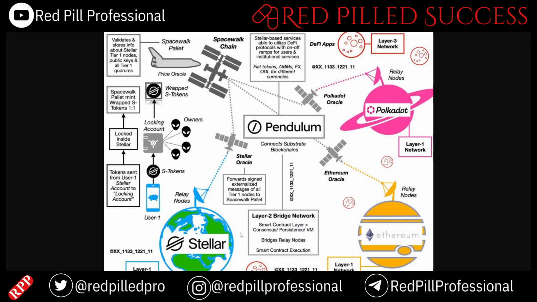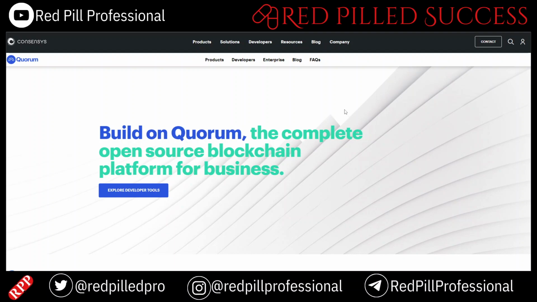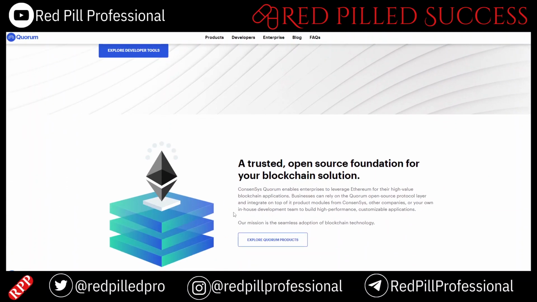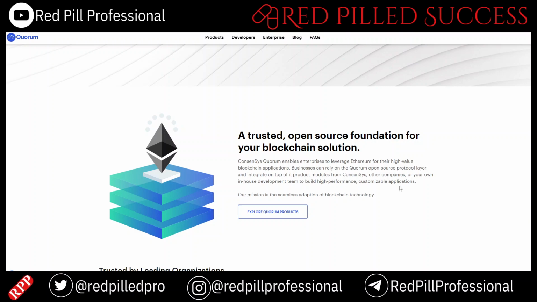So then if you go to the actual Quorum site, it is obvious that they are built upon Ethereum. It calls out Consensys here.